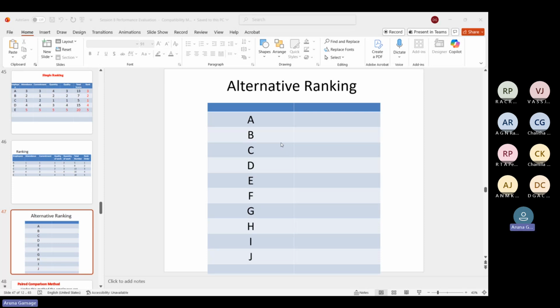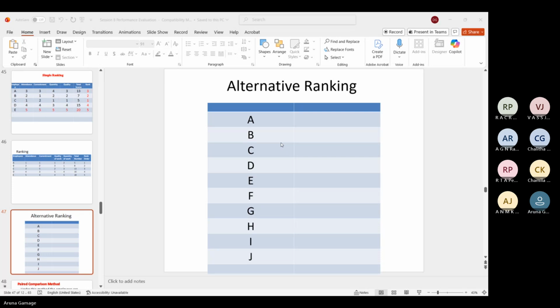It is not a big deal. Hurry up. There's no right or wrong answer. Employee A. All right. Let's write down employee A as the best one.